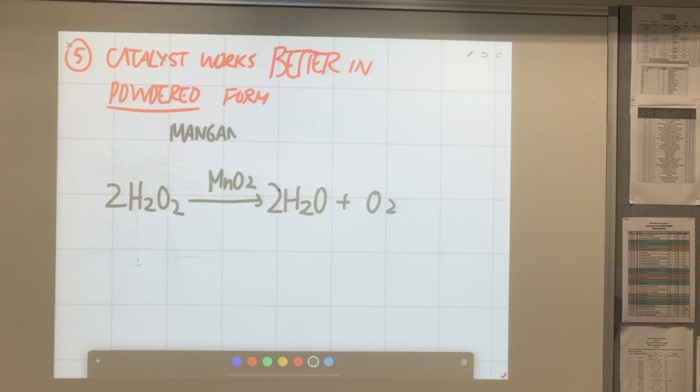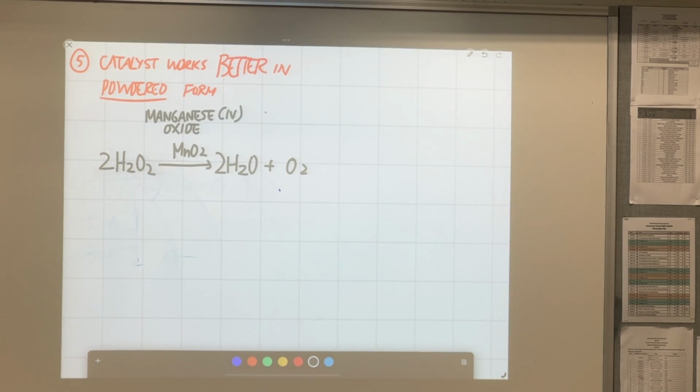Remember, you must not say dioxide. This is not like carbon dioxide or sulfur dioxide, which you can name with dioxide because they are covalent. This is not covalent, so manganese 4 oxide. It is a black powder.